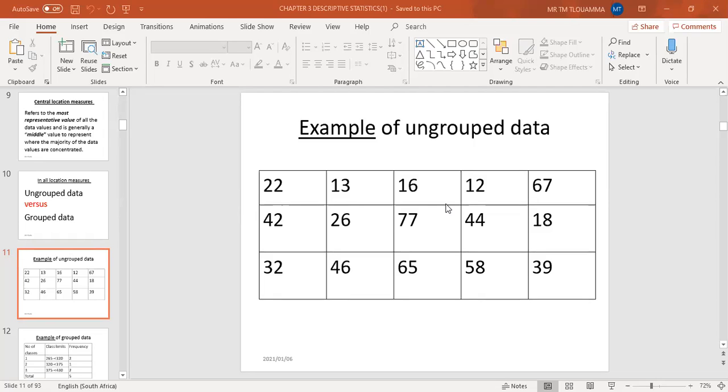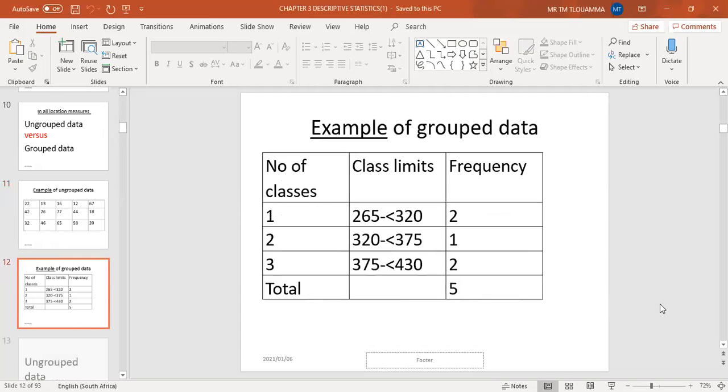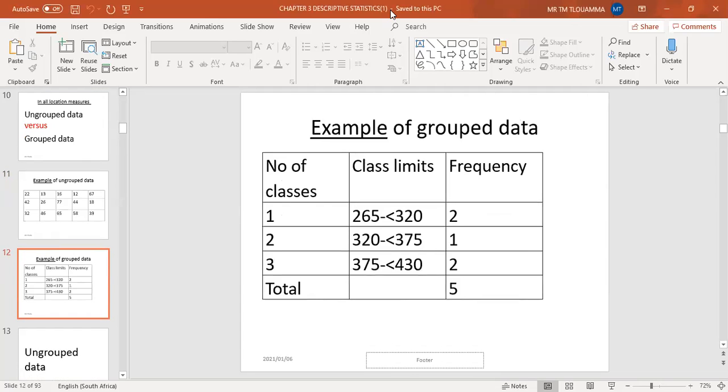But when we go to the second table, you see this table, we have the number of classes 1, 2, 3. We also have the class limits from 265 up until 320, and we're expecting how many frequencies? From 320 to 375, we're also expecting frequencies.